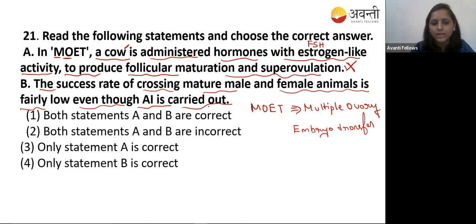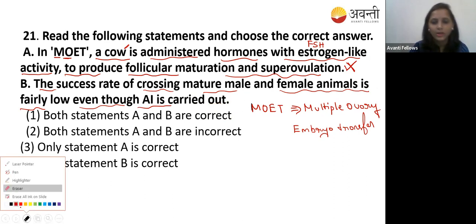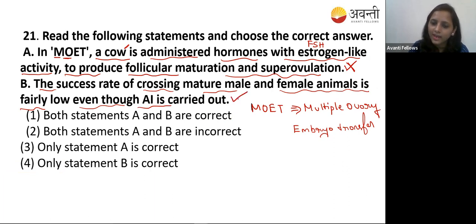So the B statement is correct. The success rate of crossing mature male and female animals is fairly low even when artificial insemination is carried out. That is the reason only option B is correct.